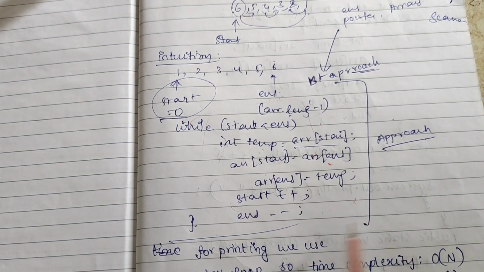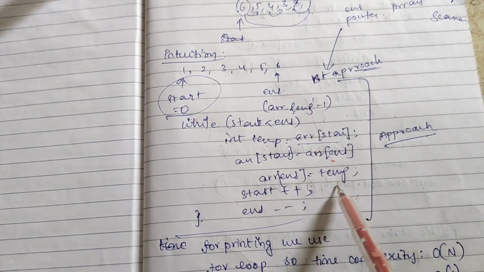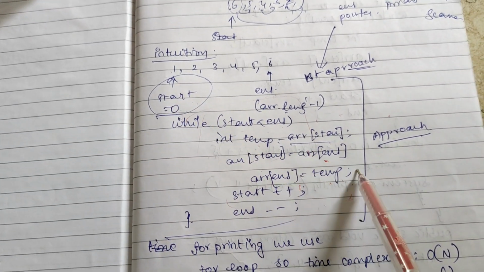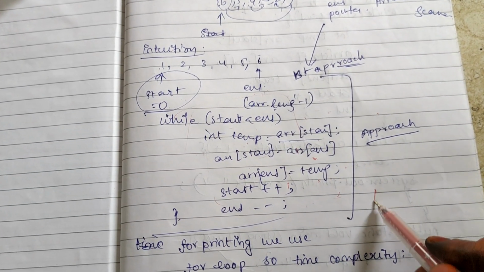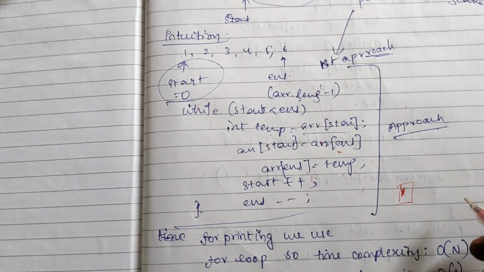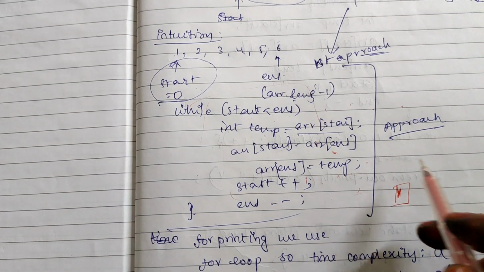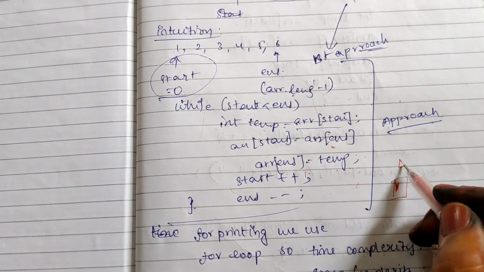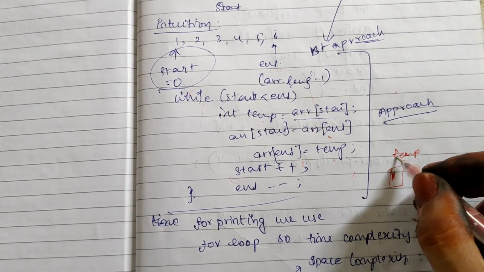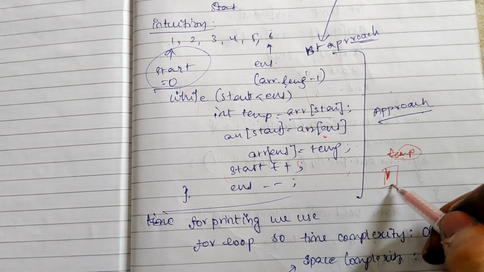Here we take a temp, and we store the start element, that is 1, in the temp. This is my temp variable.